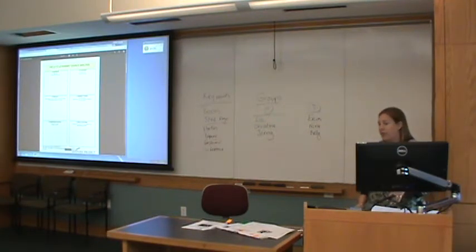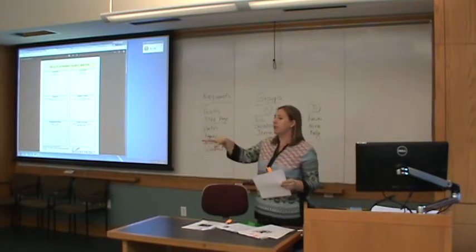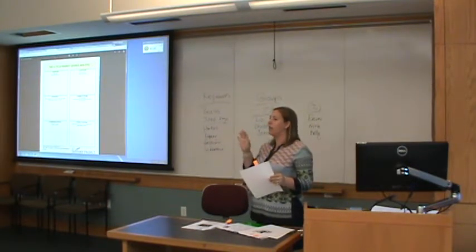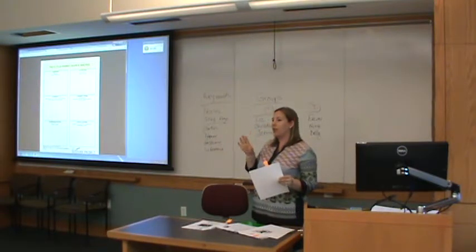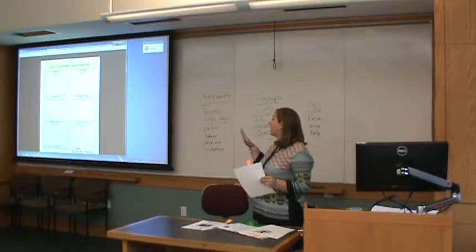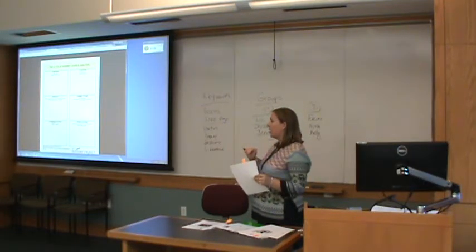So what we're going to do for the next few minutes is I have 4 stations set up, and each of them have a different primary source on them. They're a mixture of advertisements, political cartoons, and short newspaper articles.